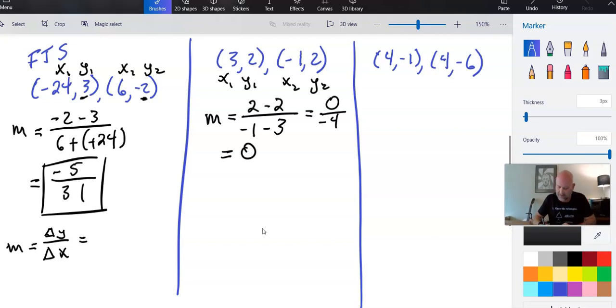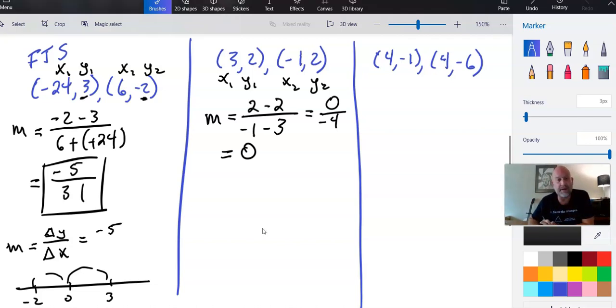And I picture what would have to happen to go from 3 all the way down to -2. I know I have to cover these 3, and then I have to cover 2 more, and I'm going down. So in my mind, I know my change in y is -5, because it's dropping by 5 to go from 3 to -2.